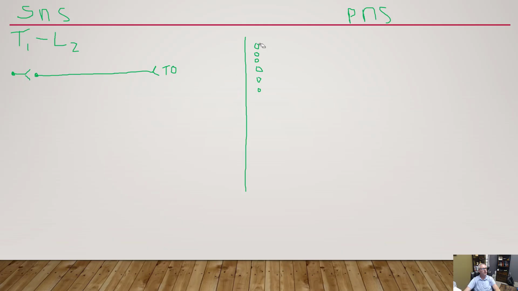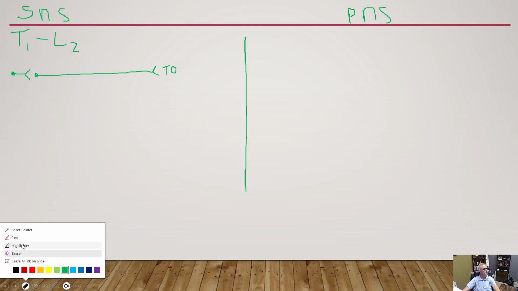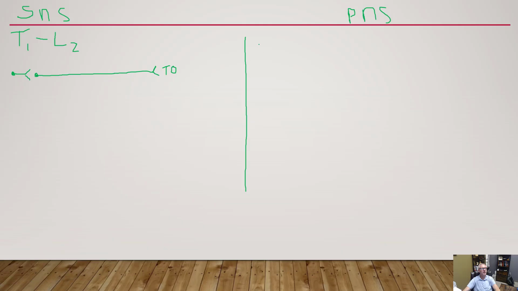The other scenario that we see on the sympathetic nervous system side is that instead of having these paravertebral ganglia, let's say that we still have our target organ here, we have ganglia that are about halfway in between the spinal cord and that target organ.